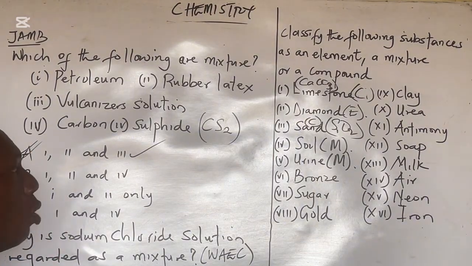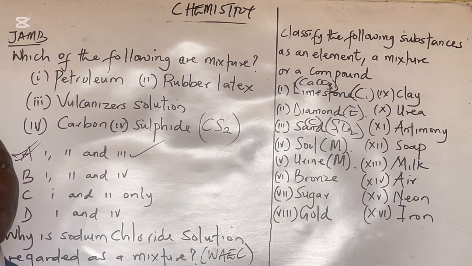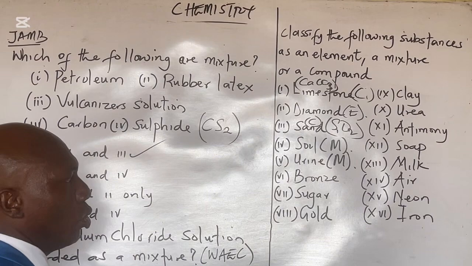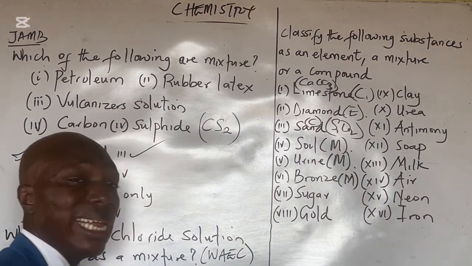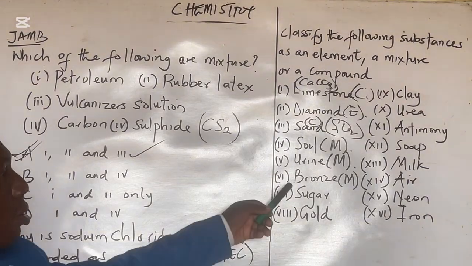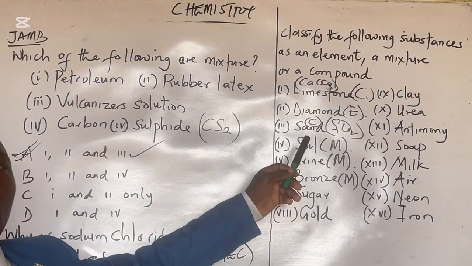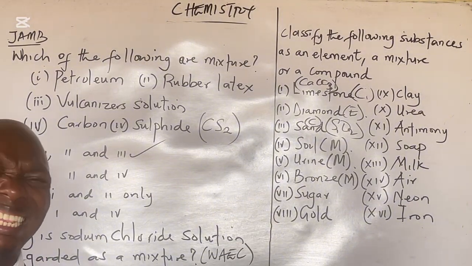We also have bronze. Bronze is an alloy. Bronze contains copper and tin, so it's a mixture. Or maybe this question may be changed to brass. Brass is a mixture of copper and zinc.